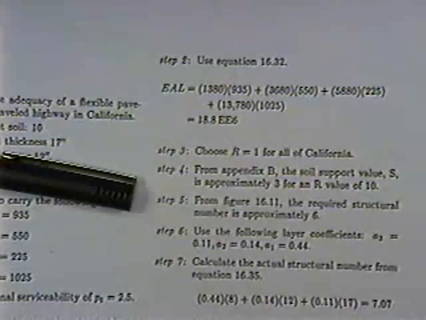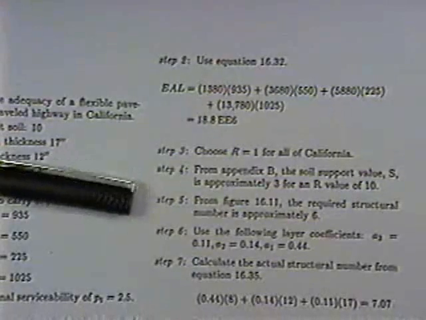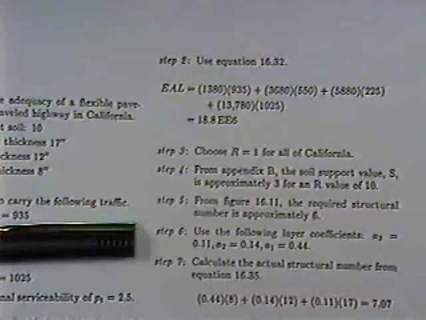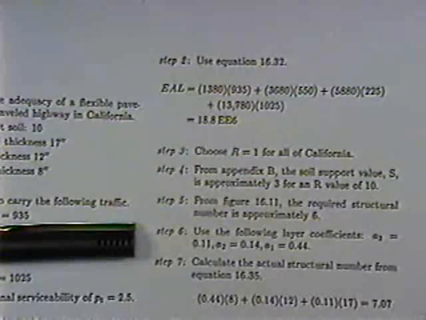So when you have a regional factor of 1, you don't even go to the weighted structural number. So we need a pavement whose equation produces a structural number of at least 6. Now if we go to the page that has the strength or layer coefficients, we would find those values for the 3 coefficients of A, plug those numbers into the layer thickness equation, multiplied by the appropriate thicknesses, and we would compute that the pavement would have a structural number of 7.07.